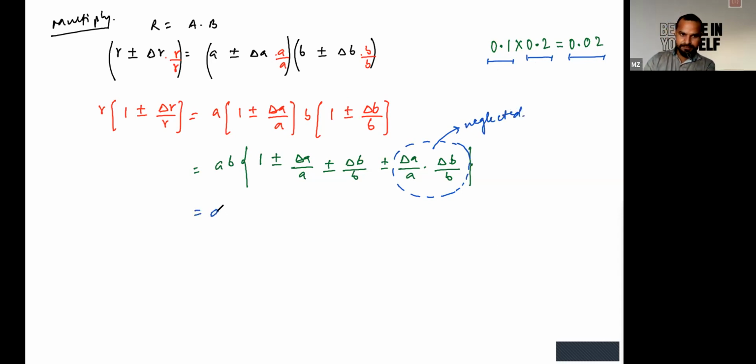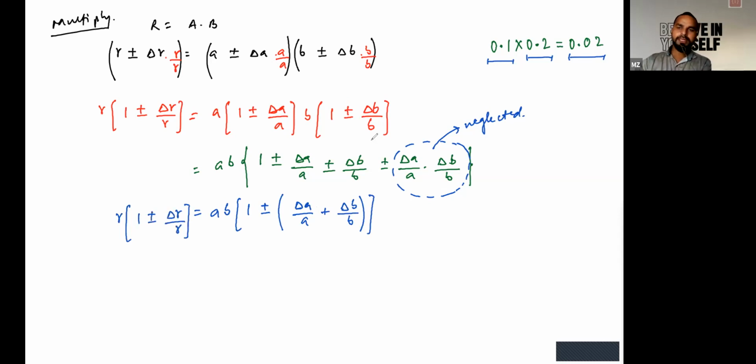Now what are we left with? A times B as coefficient, 1 plus minus taken out common, so it will be delta A by A plus delta B by B, and this equals R times 1 plus minus delta R by R. Now on comparing the left hand side and right hand side, on the left hand side we have R as coefficient, and on the right hand side we have A into B as coefficient, delta R by R as fractional error, and delta A by A plus delta B by B as fractional error.